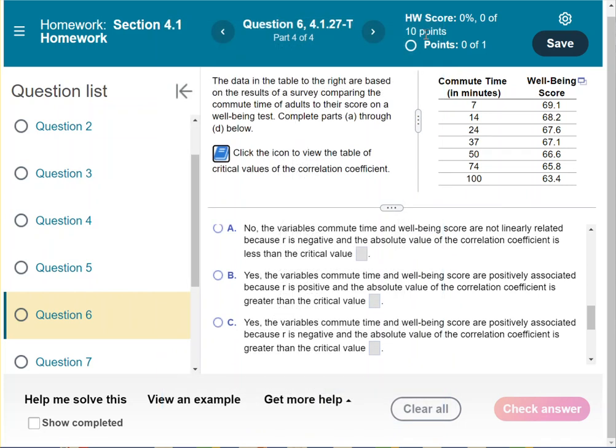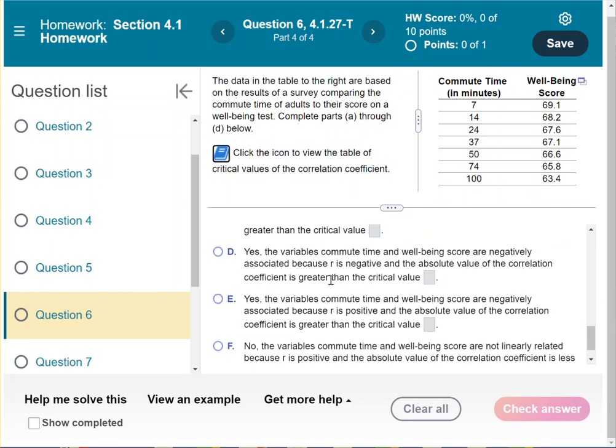Remember, we had gotten that R was negative 0.981, so the absolute value of that is 0.981, which is greater than 0.754. So we do have a negatively associated relationship here.